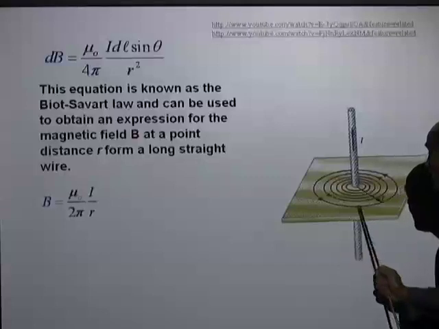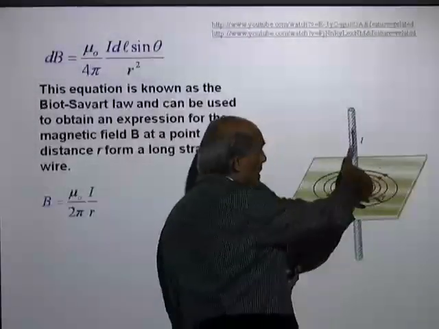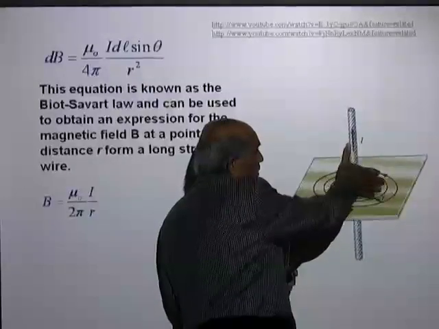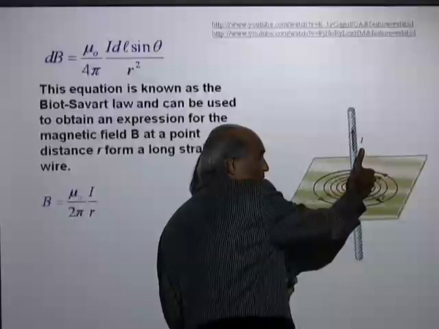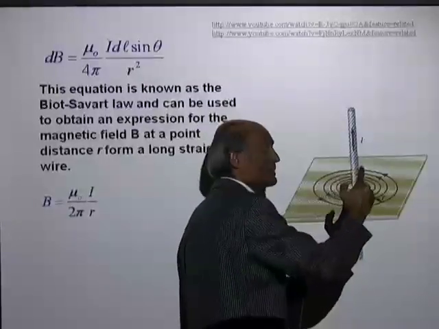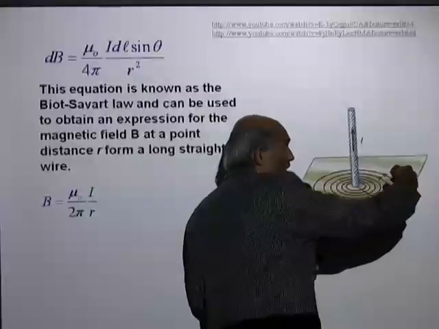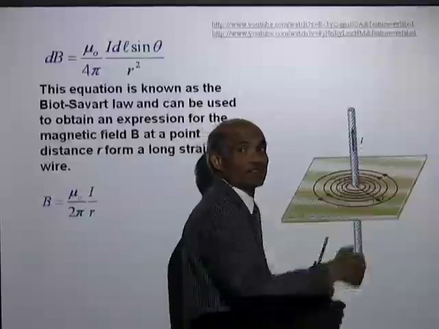And the direction of the magnetic field is given by the right hand rule. You remember that one? Keep the thumb in the direction of the current, then the direction in which you grab the conductor with the other 4 fingers. So the magnetic field goes into the board on the right and out of the board on the left.